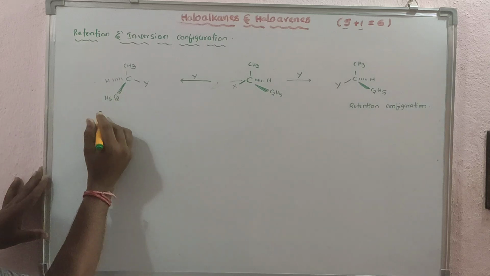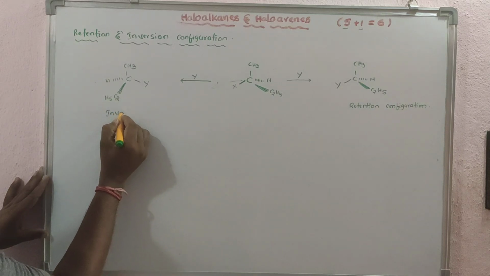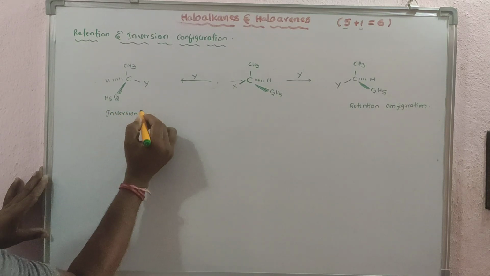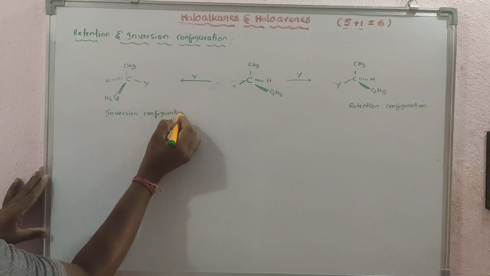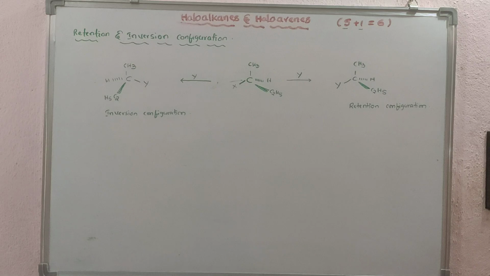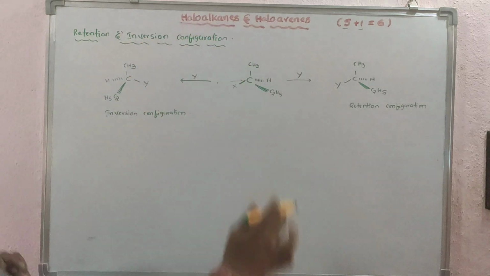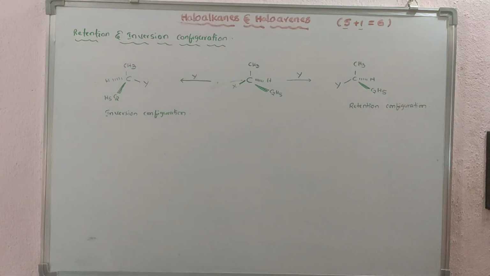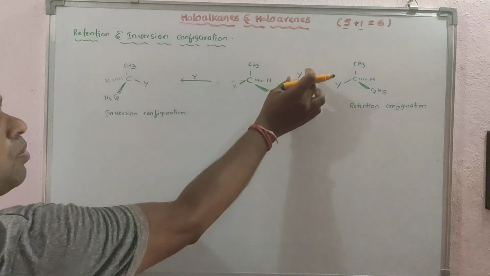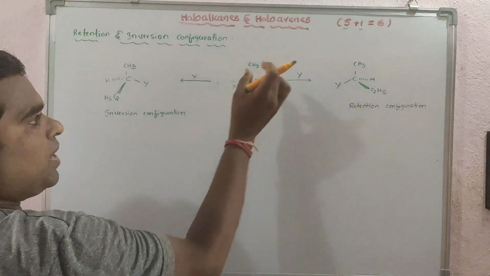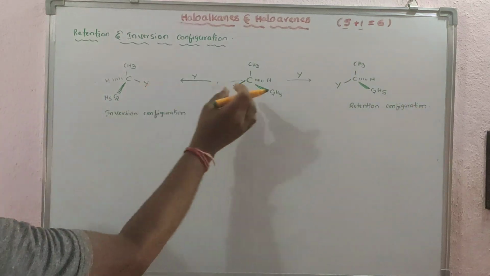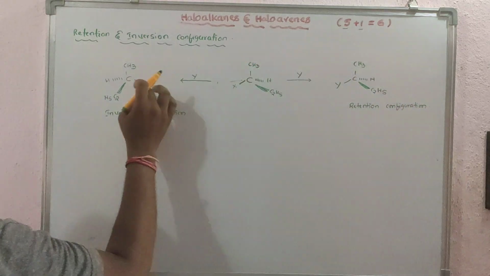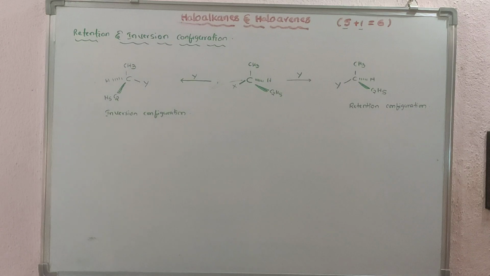So this configuration we will call an inversion configuration. This we have already studied in the SN2 reaction. This is retention and inversion configurations. Clear? If the position of X is occupied exactly by the Y, then retention, and if Y occupies the opposite position to the X, inversion configuration.